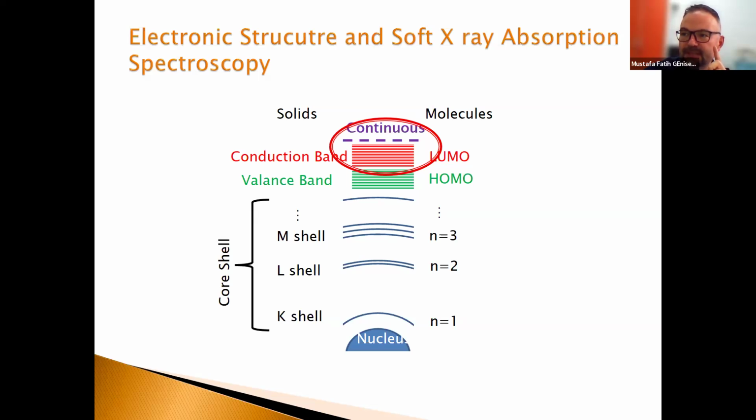For example, take magnetite, Fe3O4. It has its own special oxidation state, but also its own conduction band features, the density of states. From that, people understand this.